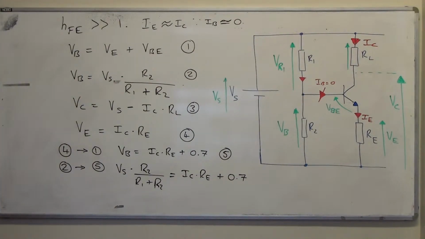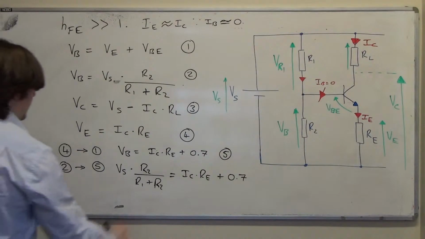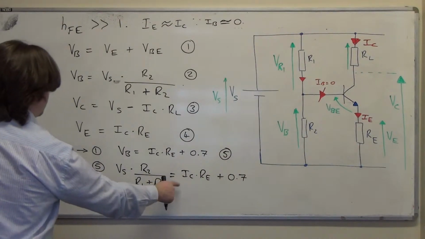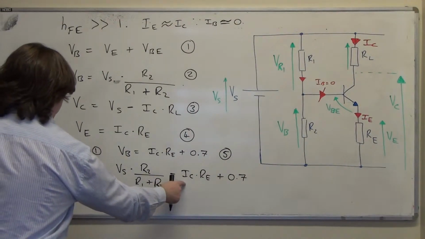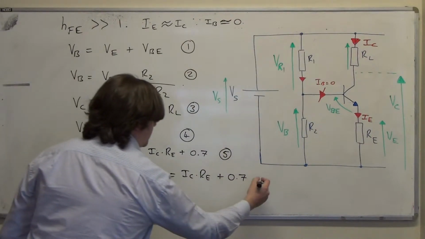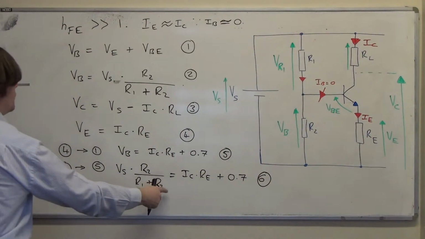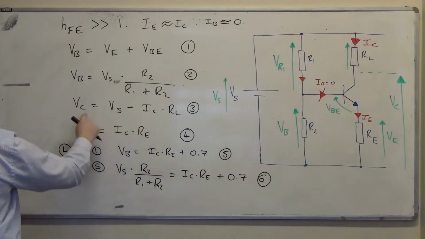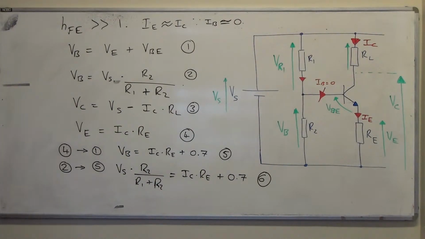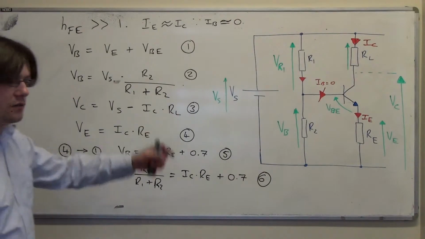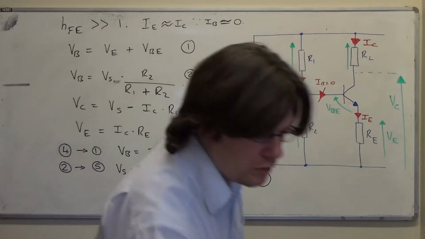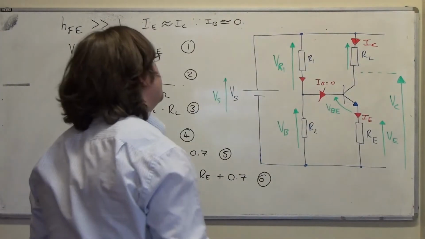So then what? Well, if I just want IC, now I do want IC because what I'm hoping to do is drop this, which is 6, slightly rearranged into 3 to give me an answer for VC. But I've run out of board space, so I'm going to have to rub out the circuit in order to continue.